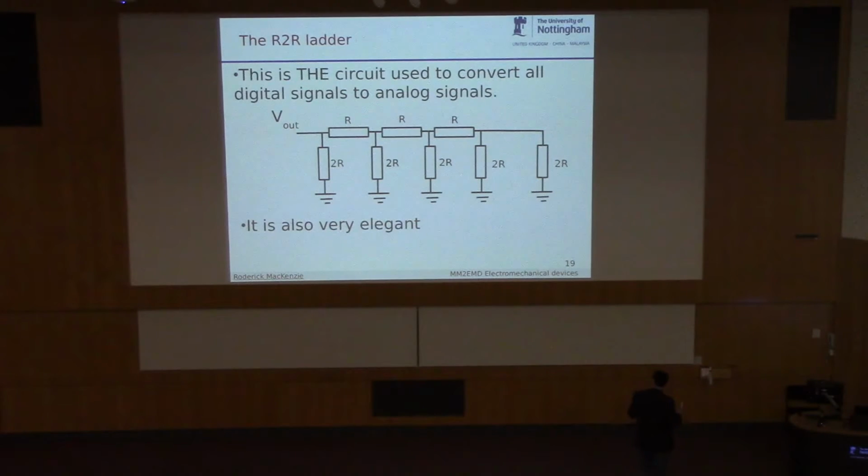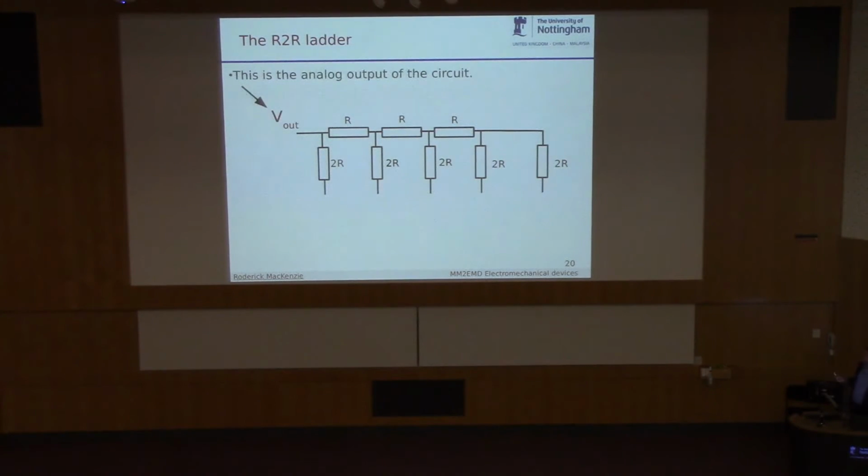This is an incredibly elegant circuit, and we're going to do the analysis of this circuit, and you'll see why it's incredibly elegant and how it converts from digital to analog. The only thing it's got in it are resistors. It's got a resistor here called R and a resistor here called 2R. We're going to see how this works. This is a very nice piece of engineering, and very cheap too, because resistors cost nothing, so you get a very cheap digital to analog converter.